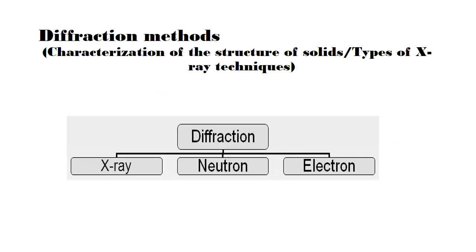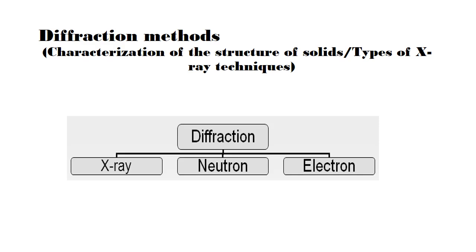Different diffraction methods which are used for the characterization of the structure of solids are the X-ray diffraction, the neutron diffraction, and the electron diffraction. In X-ray diffraction, there may be powder X-ray diffraction and single crystal X-ray diffraction.